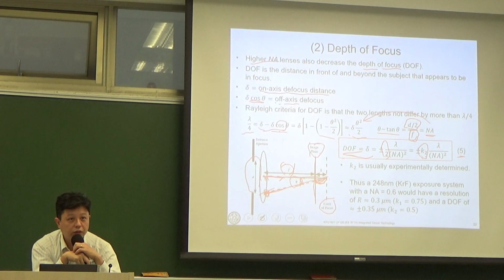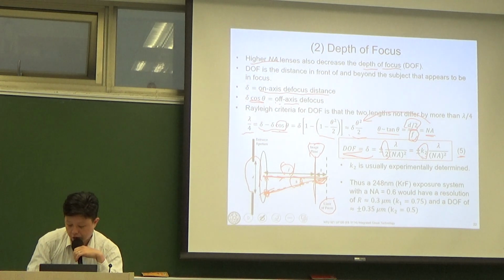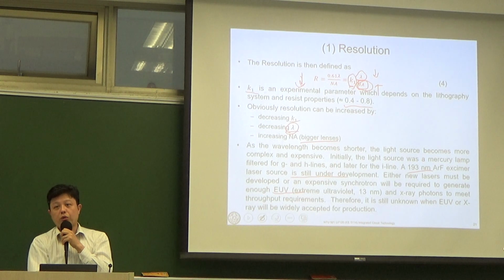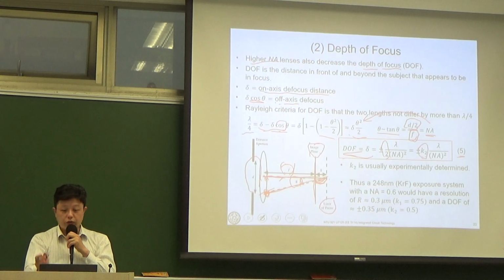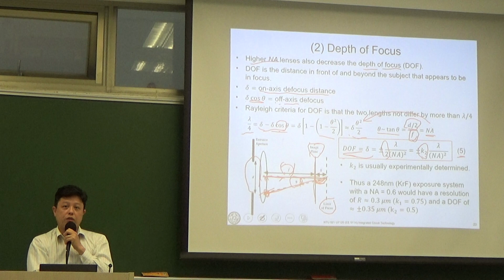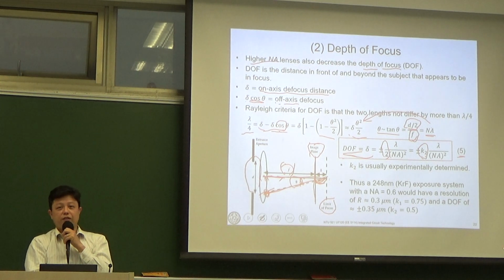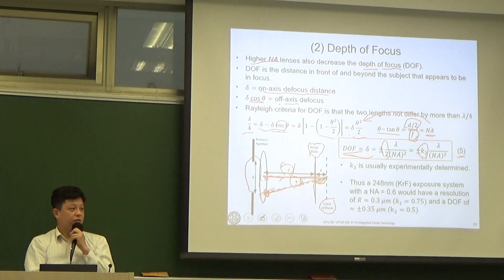For resolution it's easy to understand, you want R small. For DOF, do you want large or small? Large, raise your hand. You want small? Anyone want small?